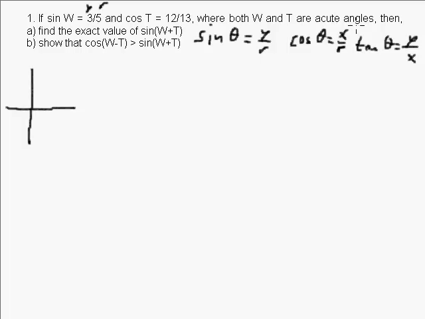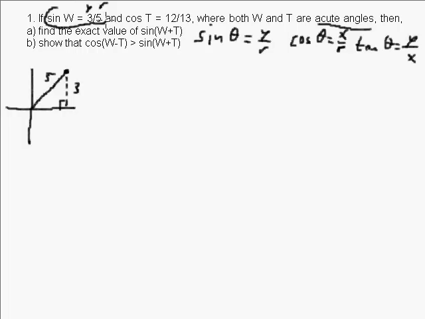Where both are acute angles, this is very important. It tells me that they are both in the first quadrant. So this distance is 5, because that is my r. It's the distance of the terminal arm is what they call this thing. And then the y value up to that point is 3. Okay, that's all I know so far. But that's what this tells me.